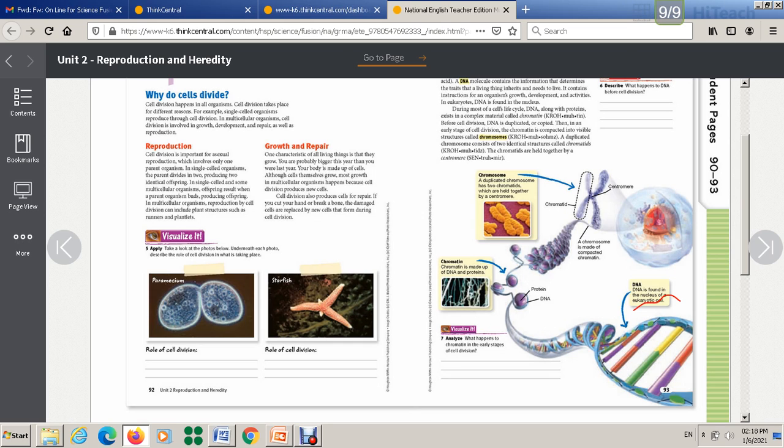We will talk about these strands and nucleotides later, but this is the DNA, the genetic material. What does it carry inside? It carries all the inherited information. It contains instructions for the organism's growth, development, and activities.